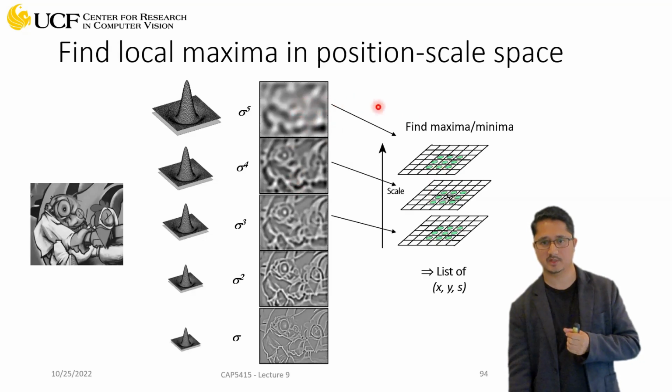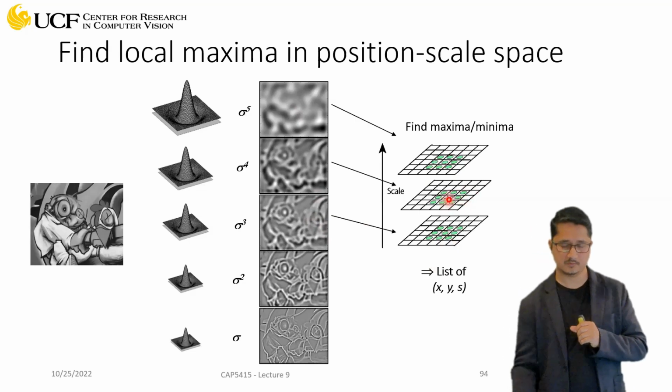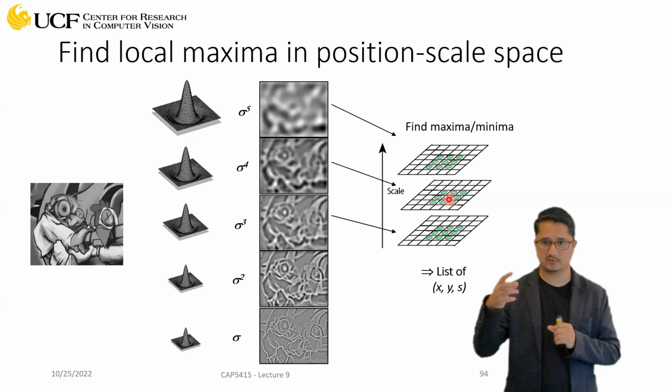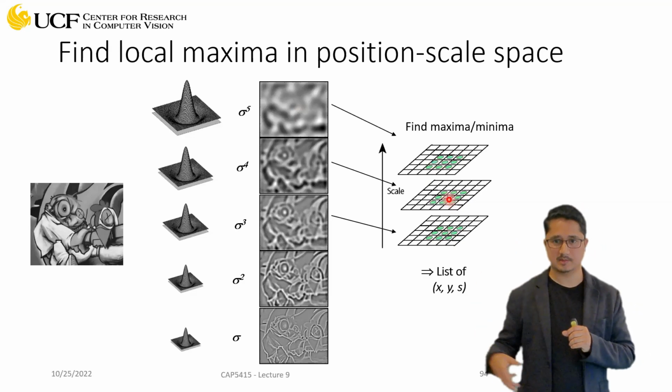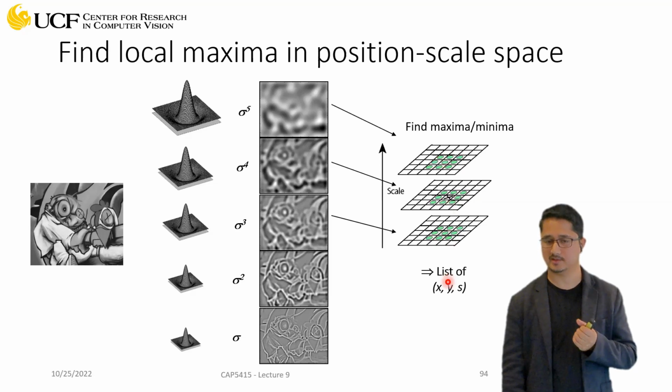You will consider these 9 values as the neighborhood of this pixel location, and again for the bottom scale. If the response for this location is the maximum among all these neighborhood pixel values, you will store it as an interesting point.